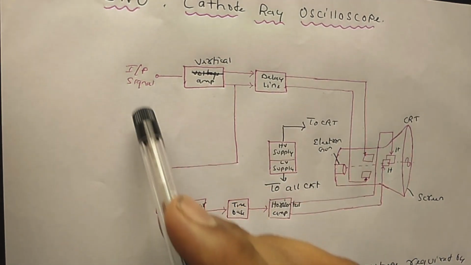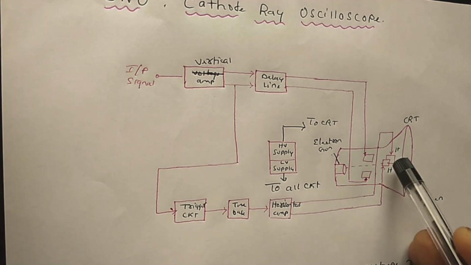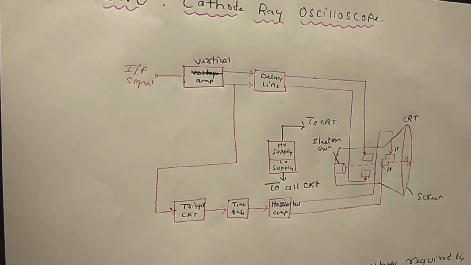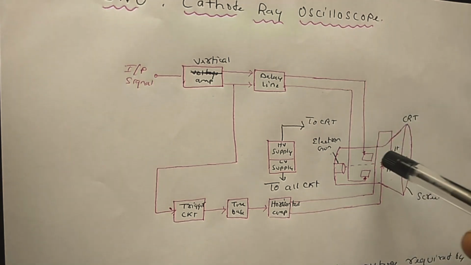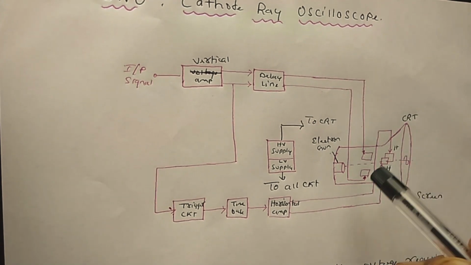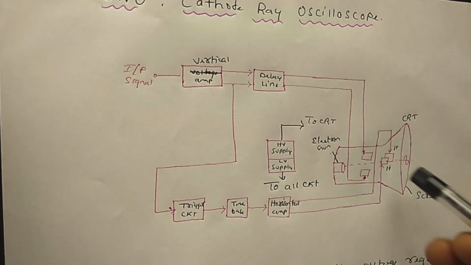In the same way, we amplify the voltage to a level that will deflect the horizontal plate. This is the main thing. The input signal will deflect the plates, and the electron beam generated by the electron gun will be deflected to create an image. This is the total working.